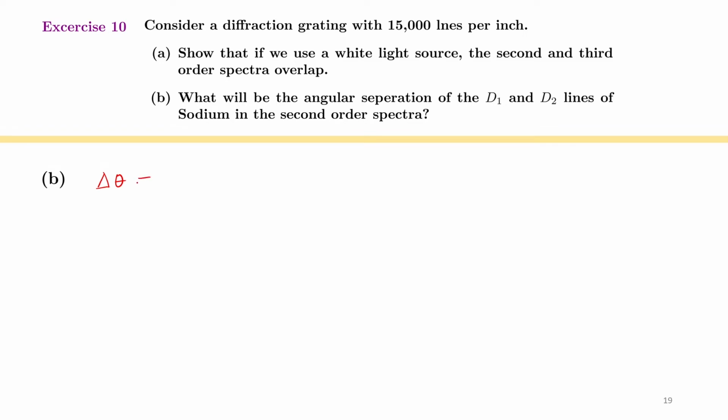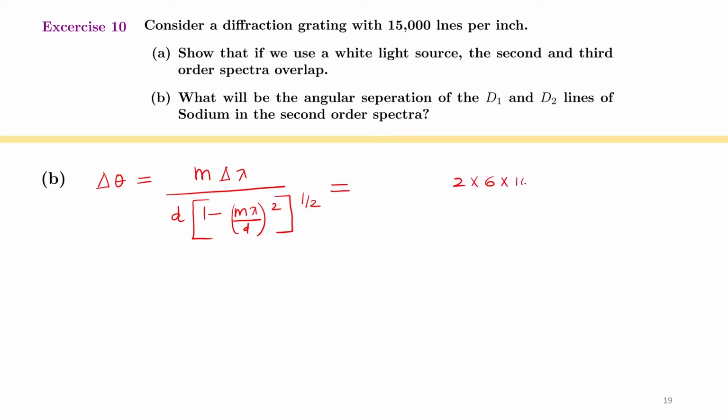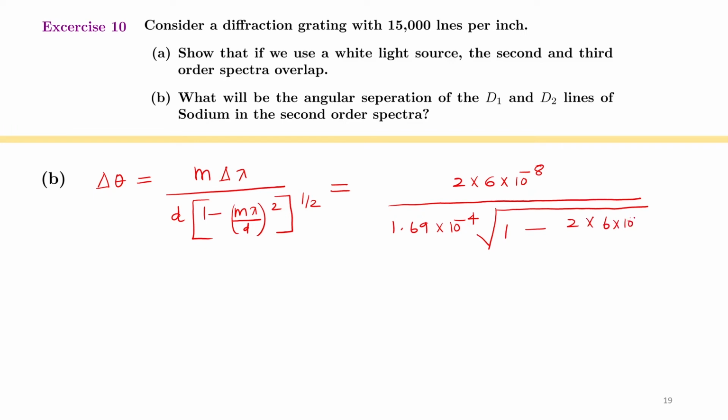Therefore, delta theta, which is m delta lambda over d times 1 minus m lambda over d the whole square to the power 1 by 2, is equal to 2 times 6 times 10 raised to minus 8 over 1.69 times 10 raised to minus 4, then square root of 1 minus 2 times 6 times 10 raised to minus 5 over 1.69 times 10 raised to minus 4 the whole square.